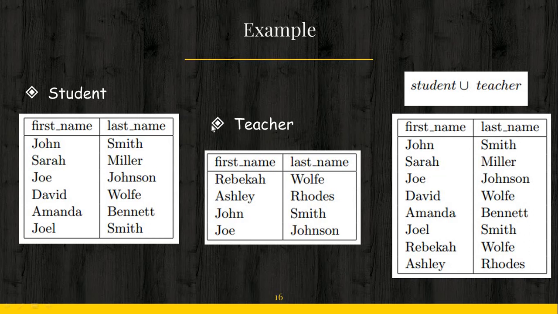But remember, if we want to do the union of two tables, we have to consider two things. And these things are called union compatible.